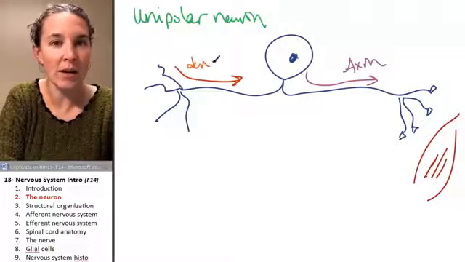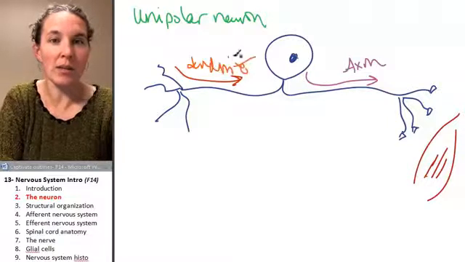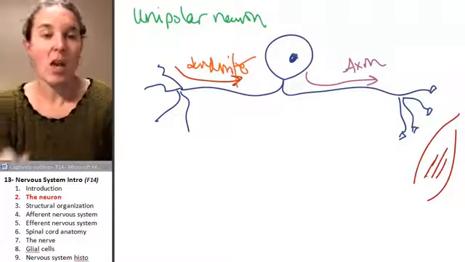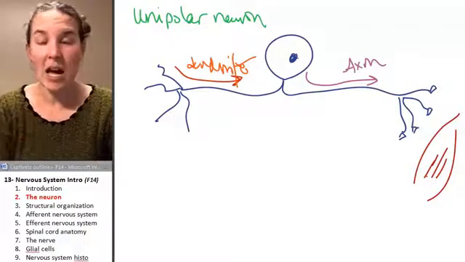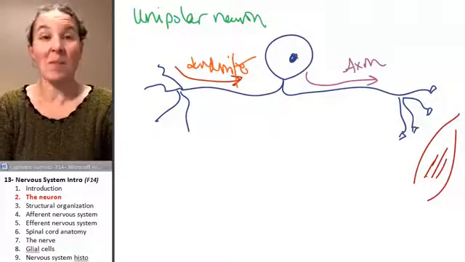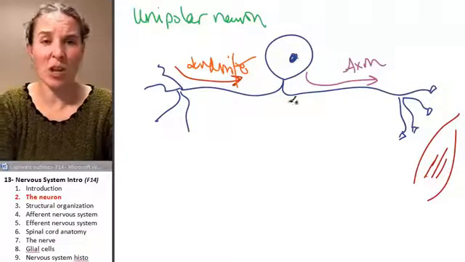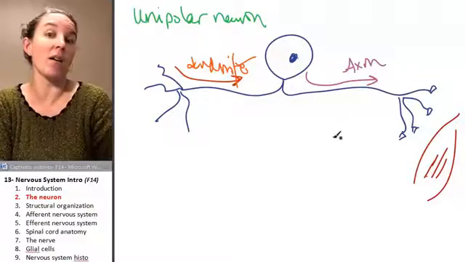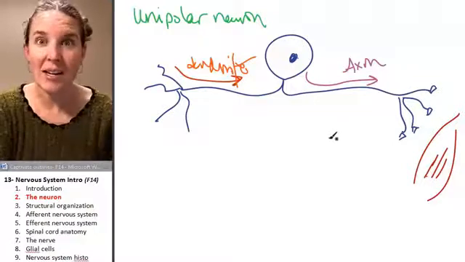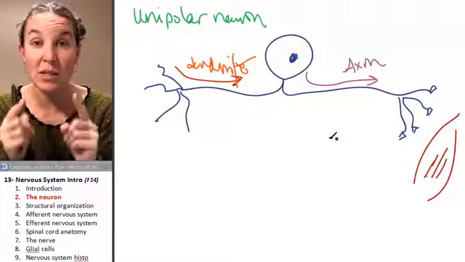And here's what I want to tell you. Your textbook says that they have different names. Awesome. They're fighting about what we should call these different structures. I don't care. To me, a dendrite is taking information to the cell body.